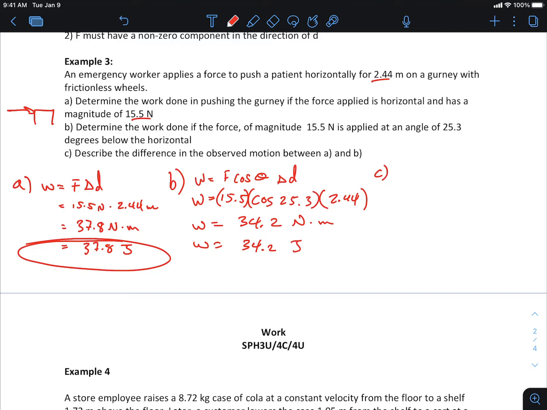We learned that when the force is applied at an angle, you only need to apply a component of the force to move an object in the direction of the displacement. So the work decreases.